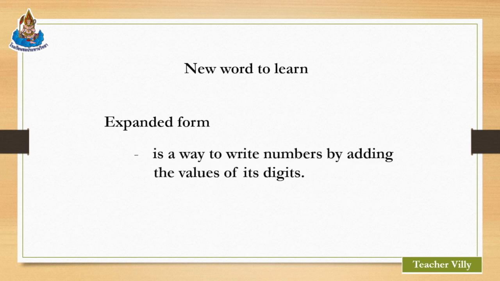So expanded form is a way to write numbers by adding the values of its digits. I'll repeat. Expanded form is a way to write numbers by adding the values of its digits. I will show you an example later as we go through the lesson.